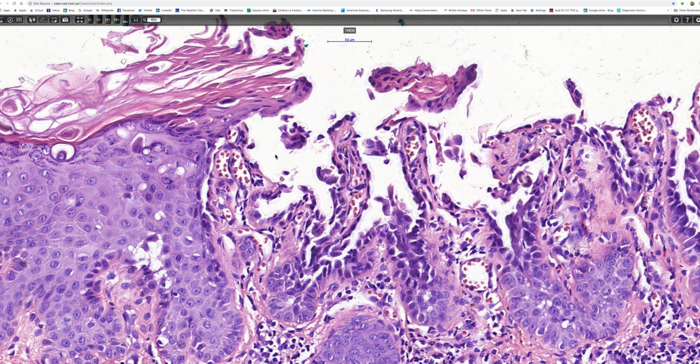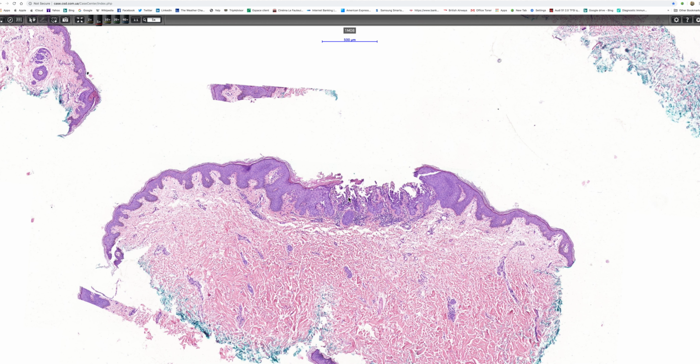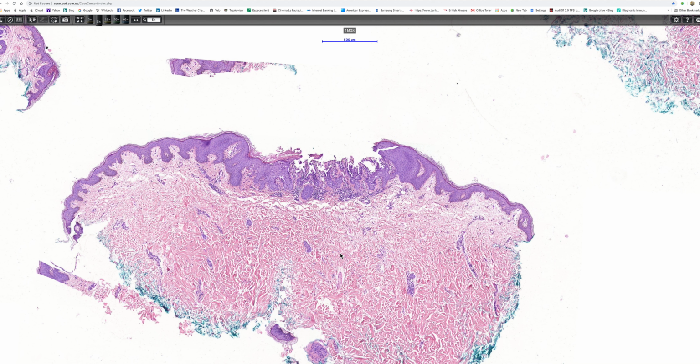And we might also remember that sometimes, I'm just going down in magnification, sometimes you can see acantholytic changes with corps ronds and grains as an incidental finding in association with another lesion, such as a dermatofibroma, and then we talk about focal acantholytic dyskeratosis.